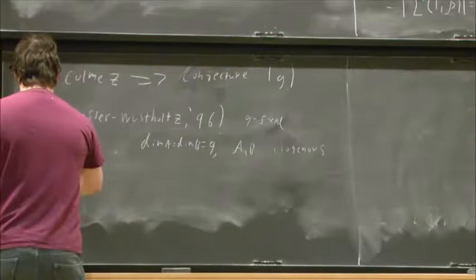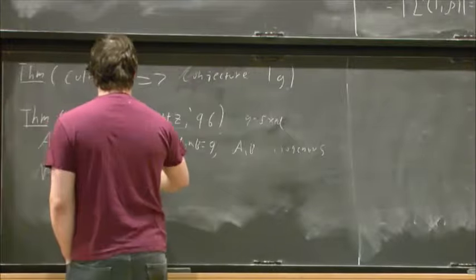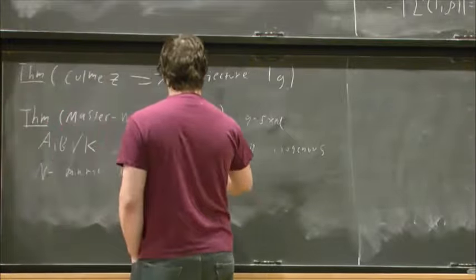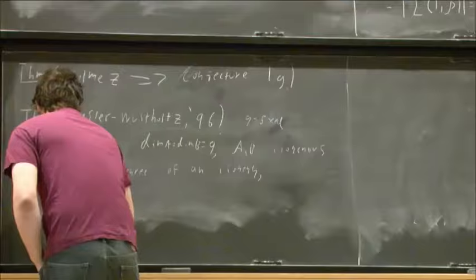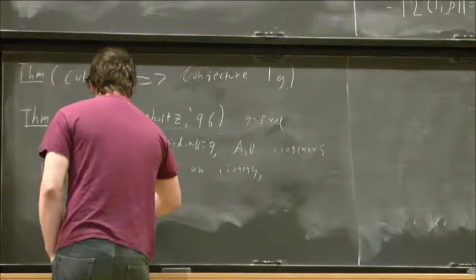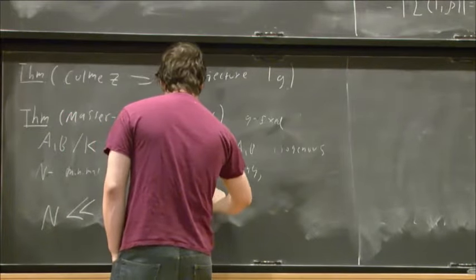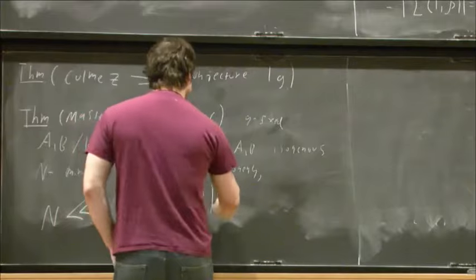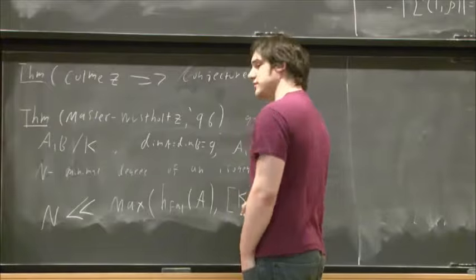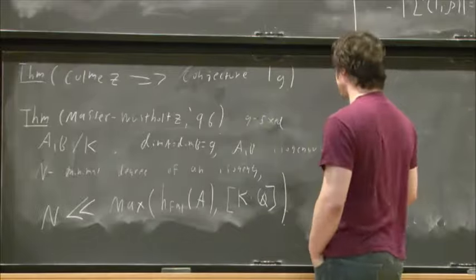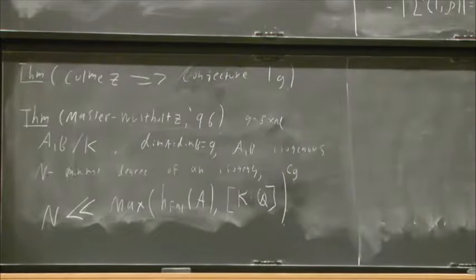So then if you let n be the minimal degree of an isogeny between A and B, then n is bounded above by the maximum of the Faltings height of A, or I could put B here also, and the degree of the field K over Q to the power of some constant, let me call it C sub g, depending only on g.